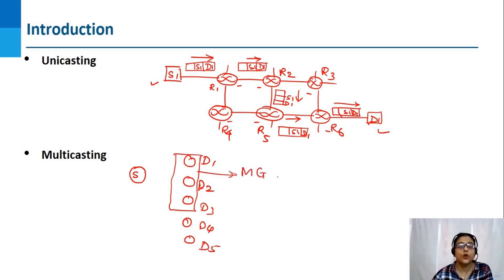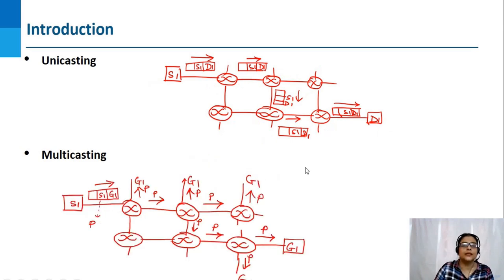So the source will send a packet to this group address, and whoever the destination is inside the group will be getting the information. So this is one-to-many communication.